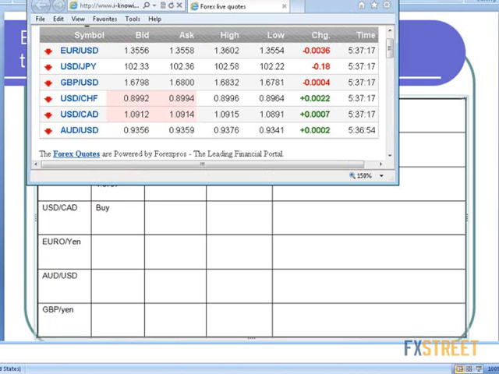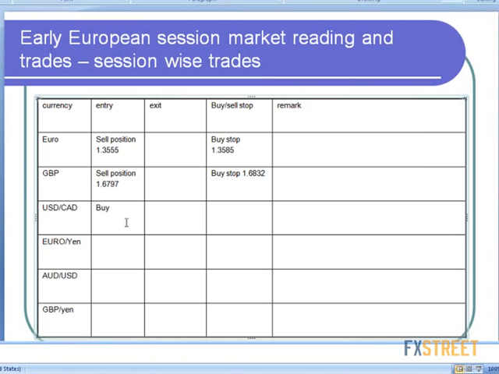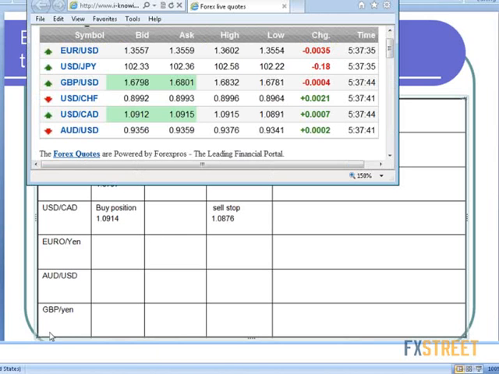So it will be 1.0914, with a 30 pips sell stop. Okay. So these are all the three positions.